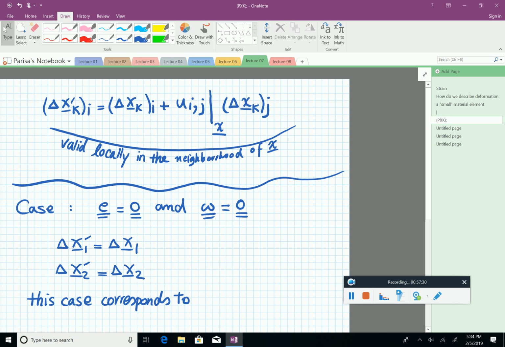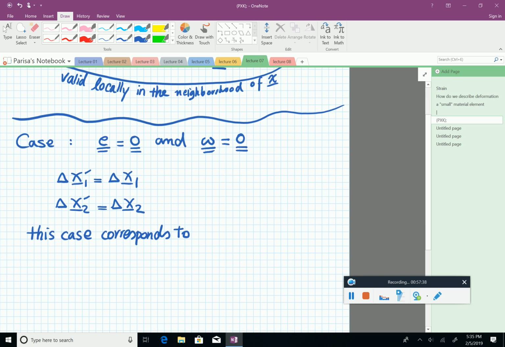Physically, what does this mean? No deformation, but something else may have happened. Translation. This is a simple translation.